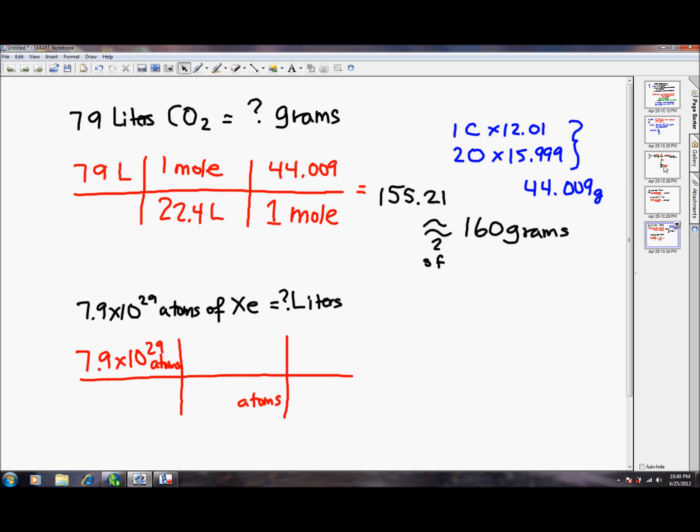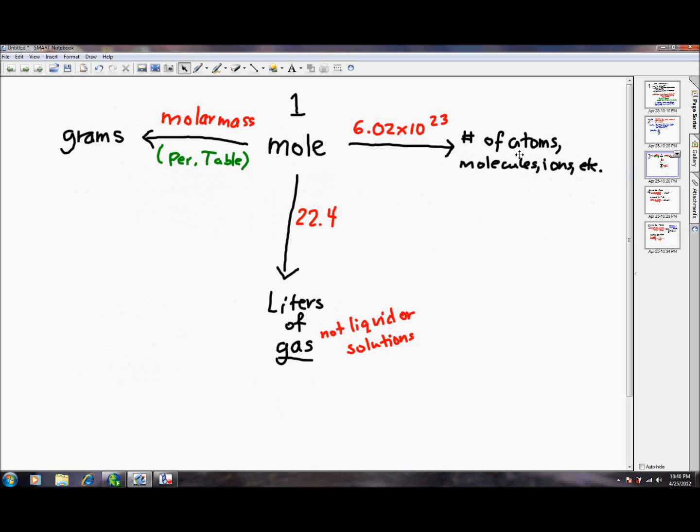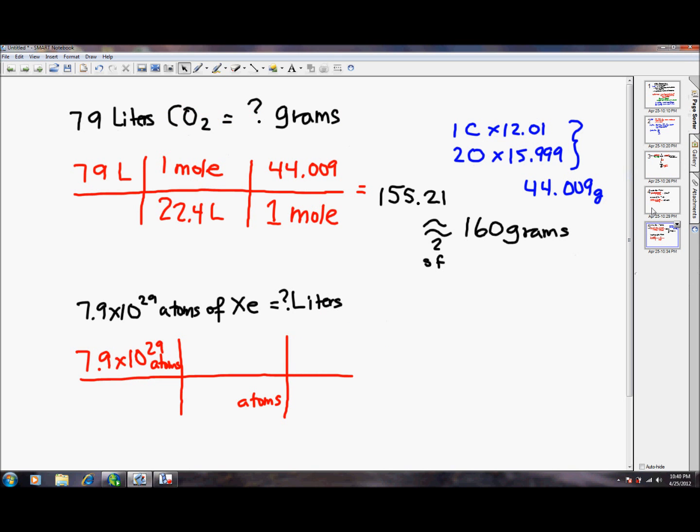Go back and look at my diagram. Atoms to moles, I need 6.02 times 10 to the 23. So 6.02 times 10 to the 23 atoms is equivalent to a mole.